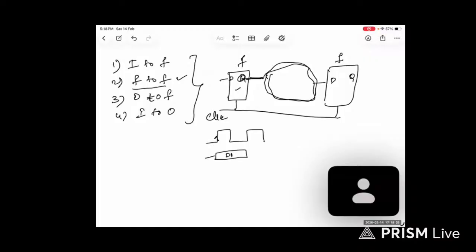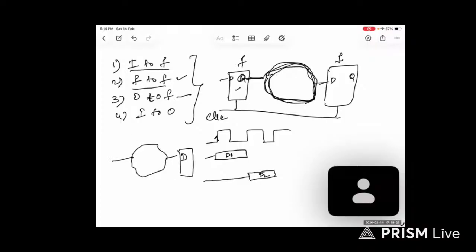Then it goes inside this combinational circuit, then to the next flip-flop where the data is captured. Then you will receive the data in the next clock pulse at D2.